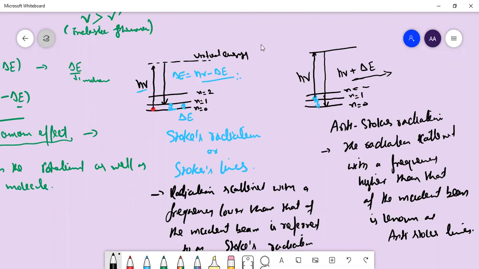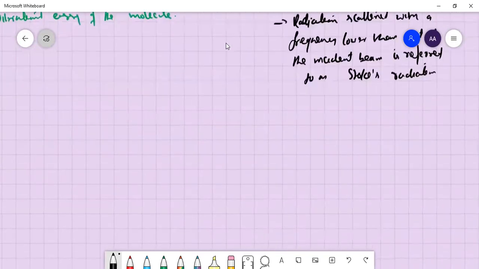So simply, Stokes radiation means the frequency of the scattered radiation is lower than that of the incident beam. However, in case of anti-Stokes radiation, the frequency of the scattered radiation is higher than that of the incident beam.